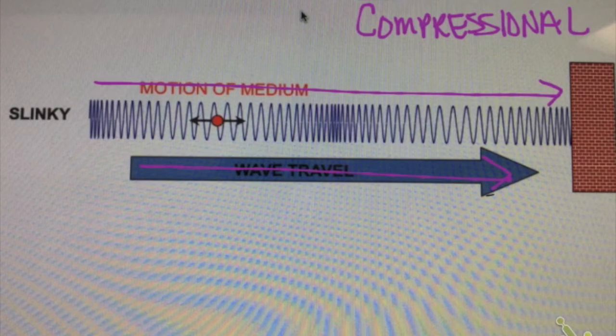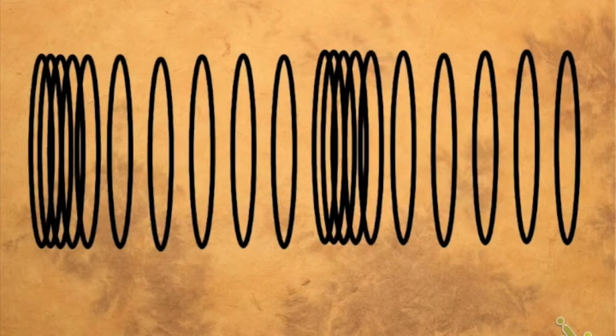Let's label the different parts of a longitudinal wave. To begin with, we have the compressions. That's where things are close together. So this would be a compression.